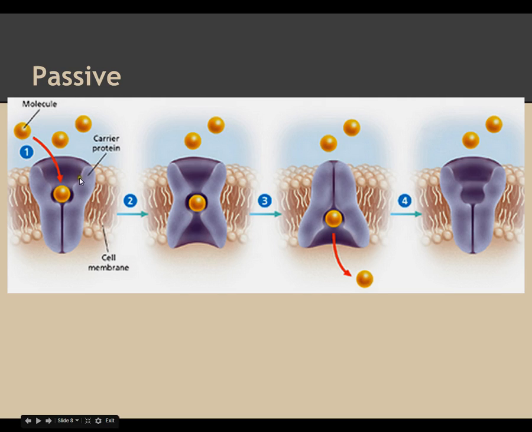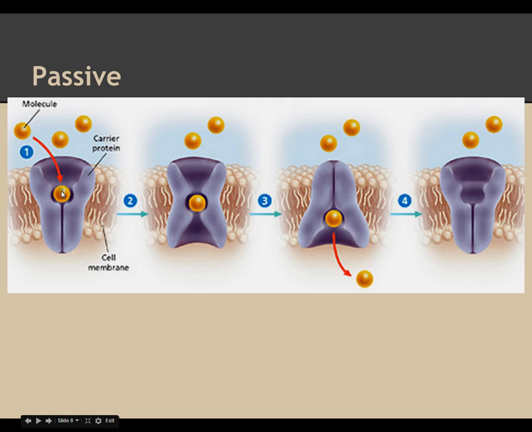And this protein, just like an enzyme, has an active site. So here's something very important that you haven't written down that maybe you should. Transport proteins are specific to one type of molecule. Just like enzymes were specific to one type of substrate, carrier proteins are specific to one type of molecule.